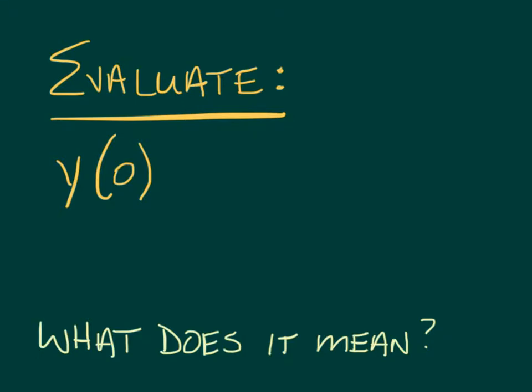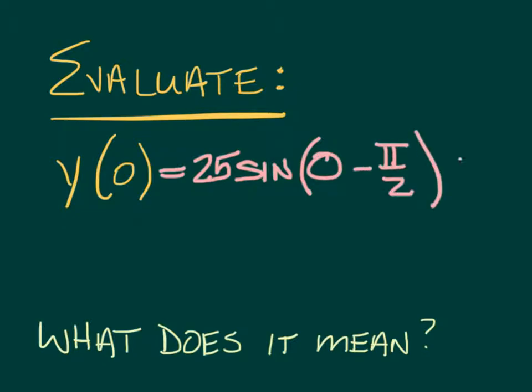Now let's test the height function based on what we have so far. And the height function is 25 sine of theta, and we're putting in 0 for theta, minus pi over 2, close the quantity, and then plus 40. Okay, so we know this is 90 degrees.